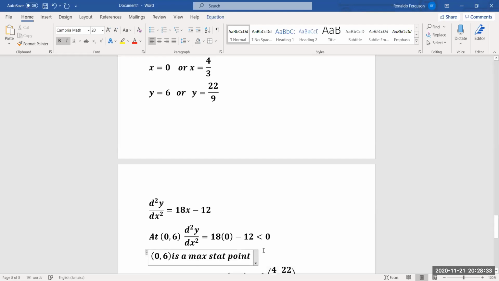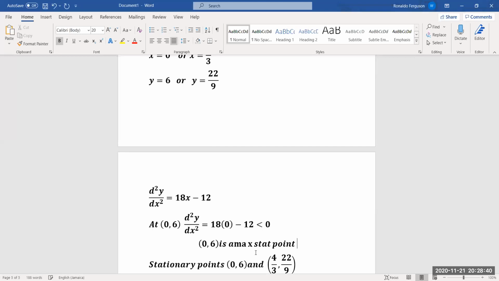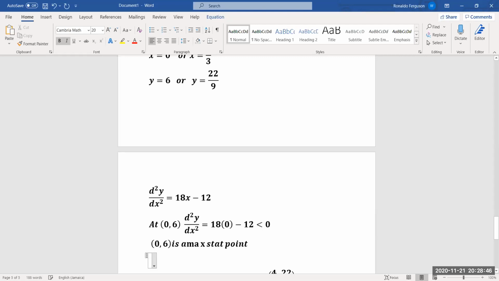Now let's investigate the next point, at 4/3, 22/9. What's d2y by dx squared?